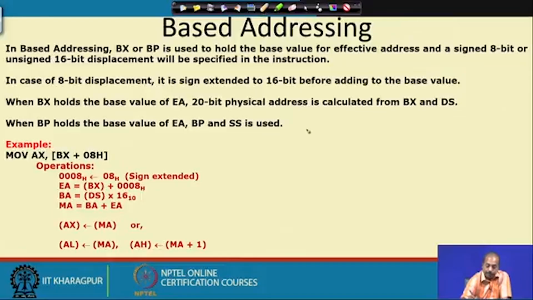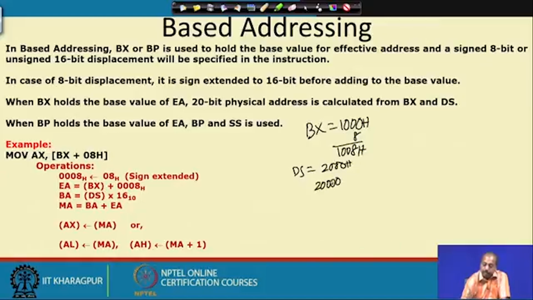So, say BX is equal to 1000 hex, then with this 1000, the 8 is added. This becomes 1008 hex, and then it depends on the DS register. If the DS content is, say, 2000 hex, then this 2000 is left shifted by 4 bits, so it becomes 20000.